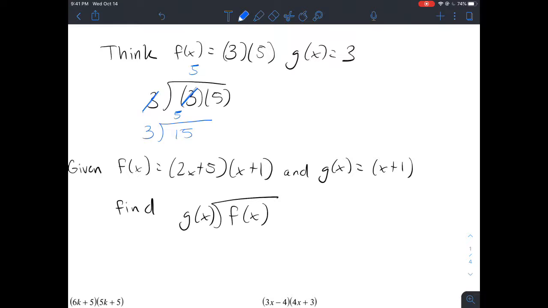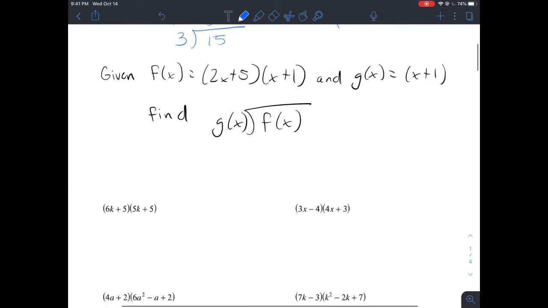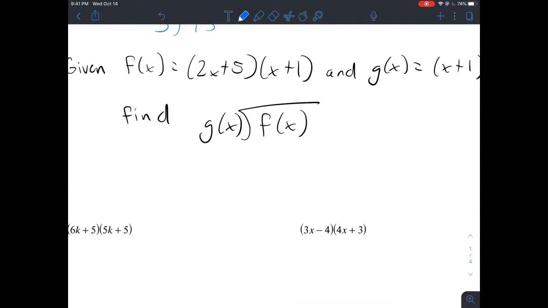You can also think about it this way if it helps. I feel like to me it always helps to kind of see it cancel. If we have 3 times 5 divided by 3, you get 5. Same concept. So let's check it out when we have a polynomial and we're dividing it by a binomial. We've got inside of our hat 2x plus 5 and x plus 1, and we're dividing that by x plus 1.